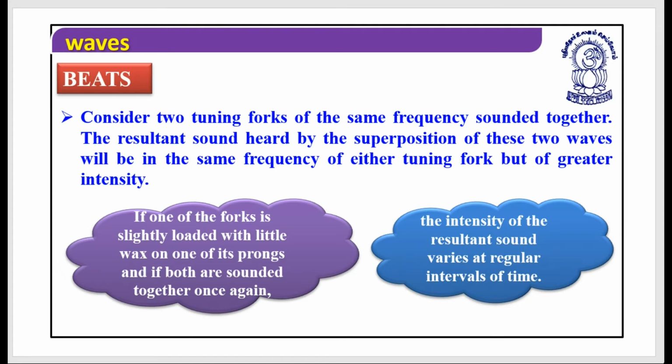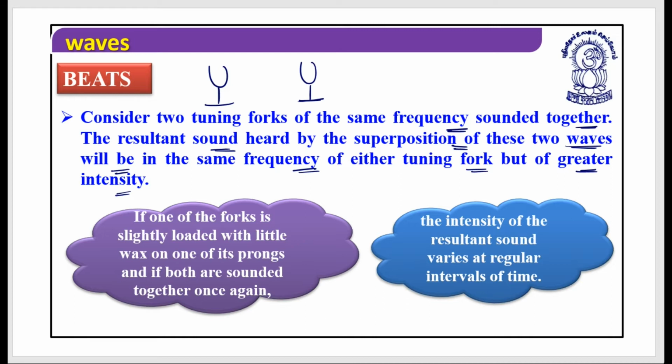Let's have a look. So let's suppose these are two tuning forks. They are of the same frequency, sounded together. The resultant sound, that is what we are going to hear, is the superposition of these two waves, and it will be of the same frequency as either tuning fork, but of greater intensity.